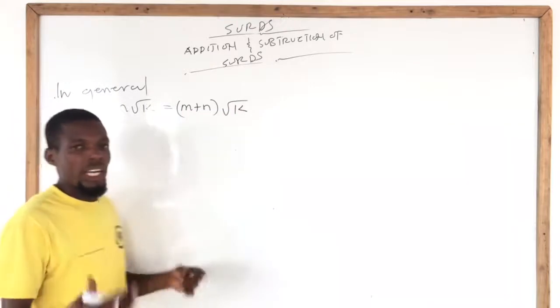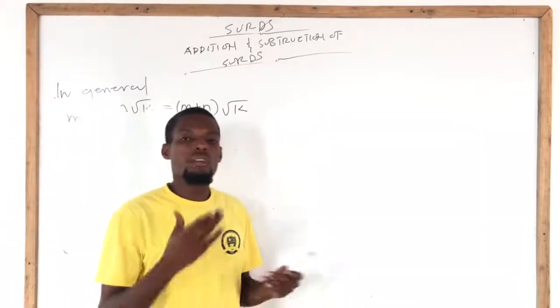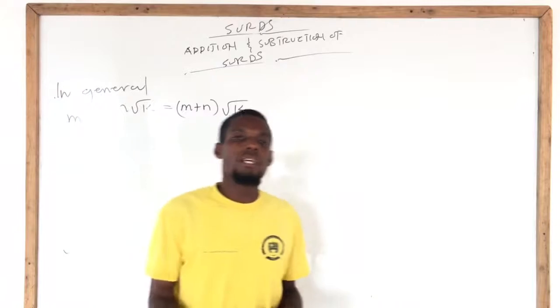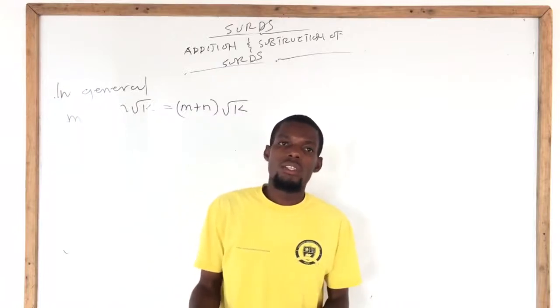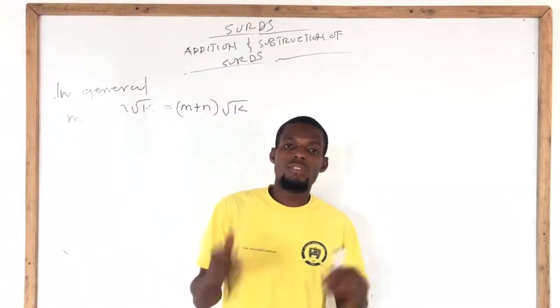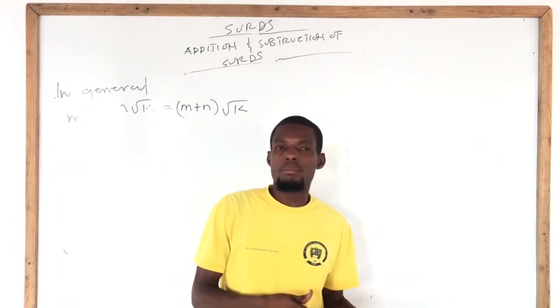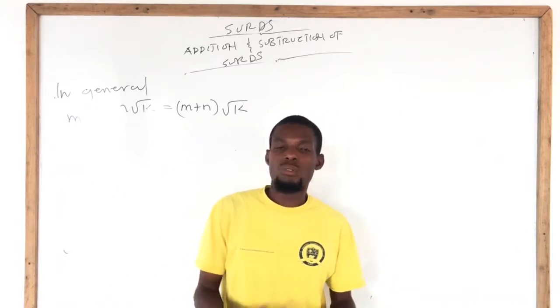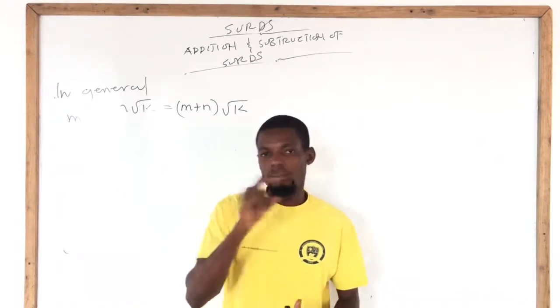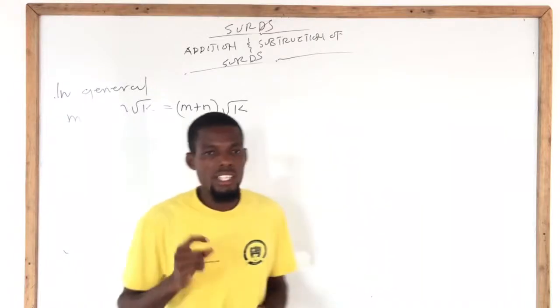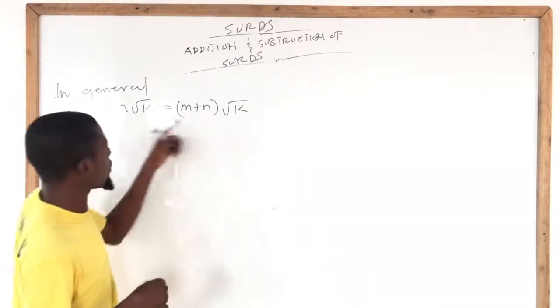Just as we add in algebra, when you have 2a plus 3a, it becomes what? 5a. When you have 6a minus 3a, it becomes what? 3a. You just subtract the numbers and leave the particular component. That's the same way you do this.